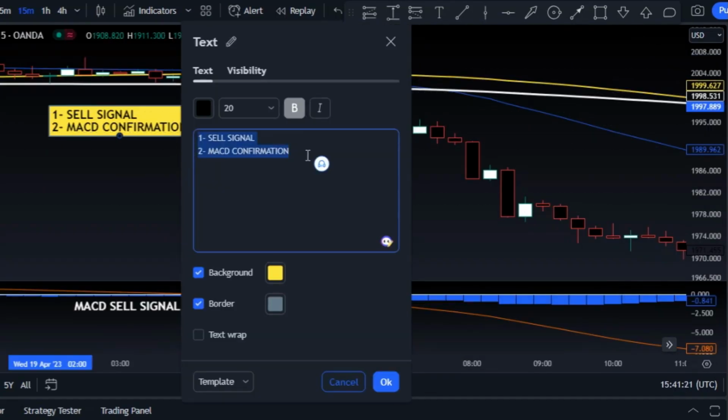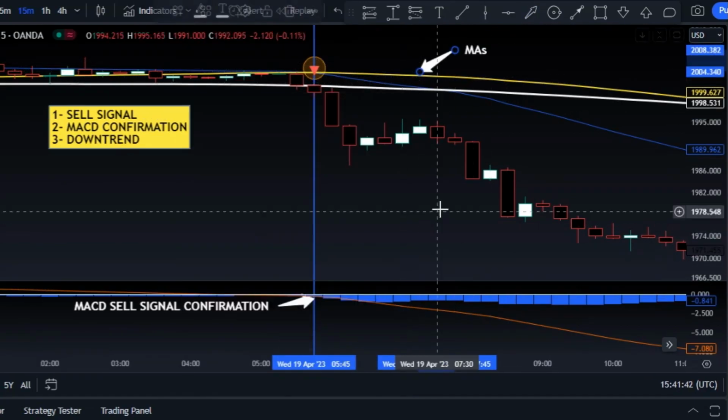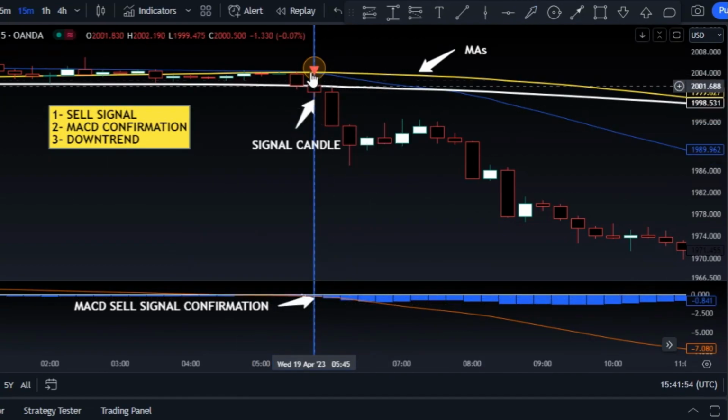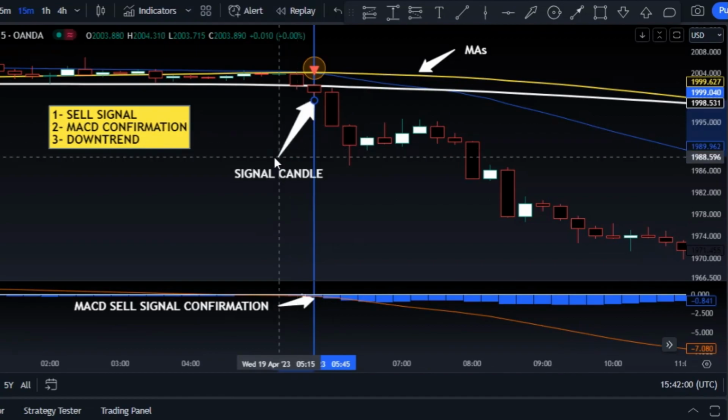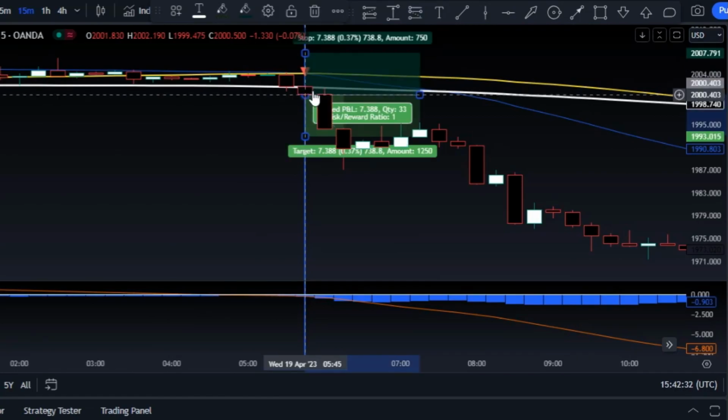The second level of confirmation comes from checking that the market is in a downtrend, meaning the price is below all three moving averages. So once both those conditions are met, we can enter the sell trade when the signal candle closes.